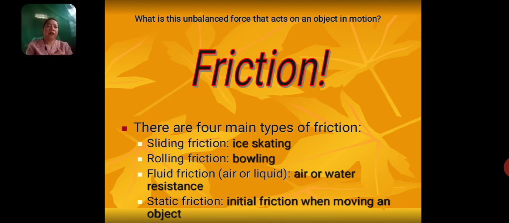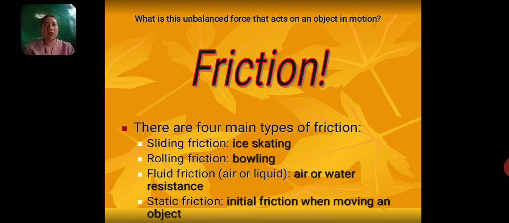Then the other example of friction is the liquid or fluid friction. Sometimes it is called air friction, so air or water resistance. One best example of it is the friction between the swimmer and the water inside a pool.